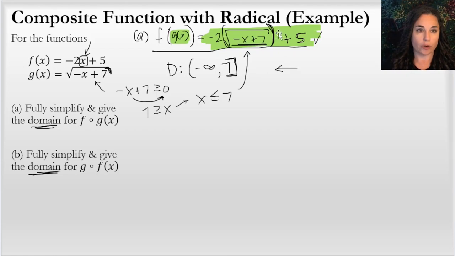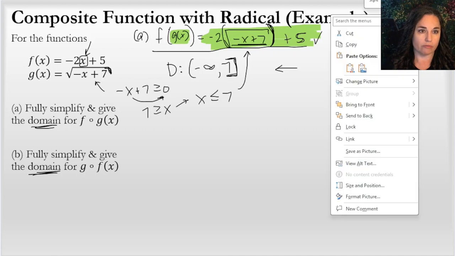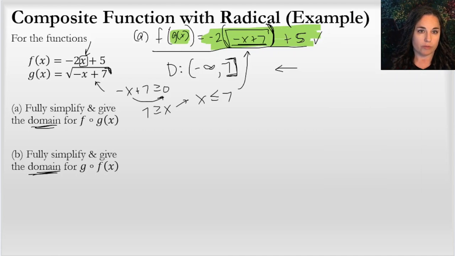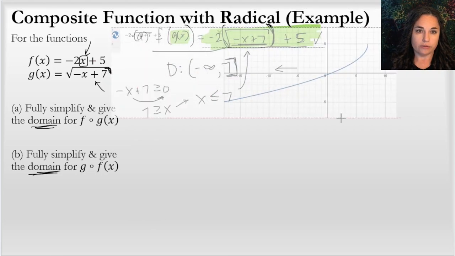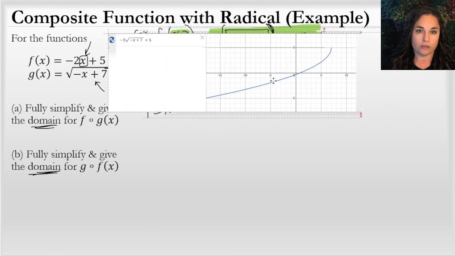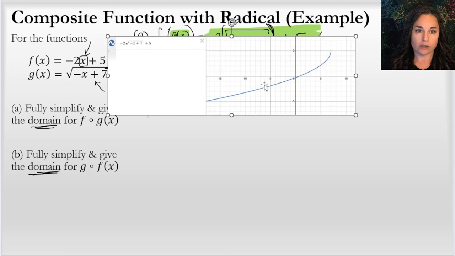We can check out the graph real quick here. Let me bring the graph forward. The graph looks like this. I have an upward facing radical, and it's flipped about the y-axis as well. It's flipped about this axis, and it's flipped about this axis, and it's moved up 5.